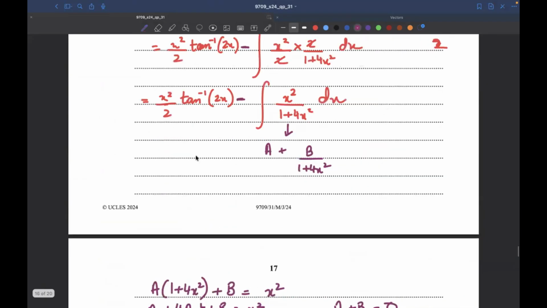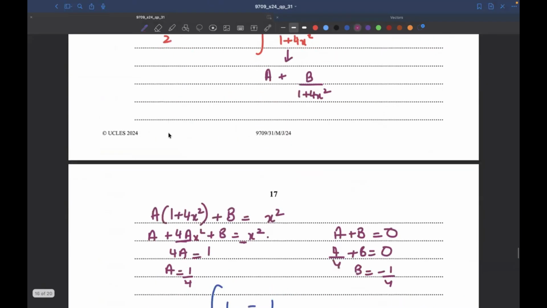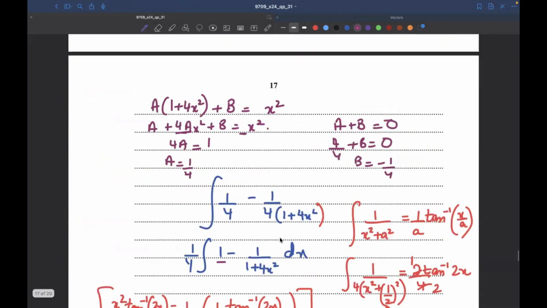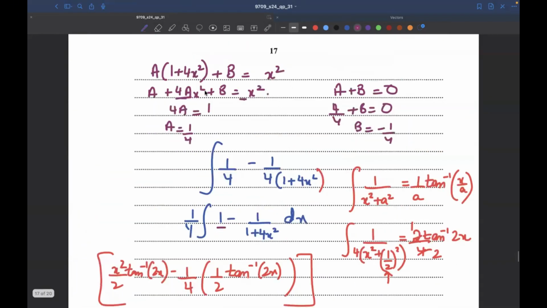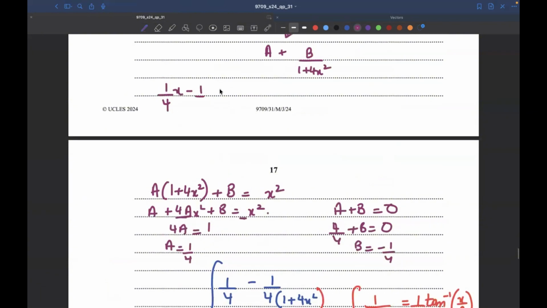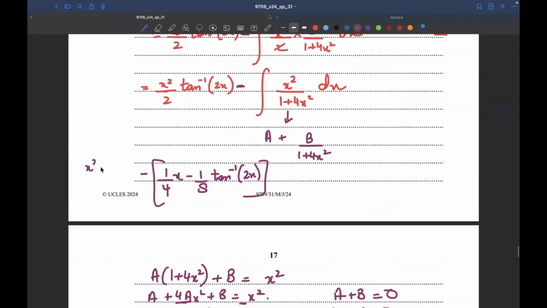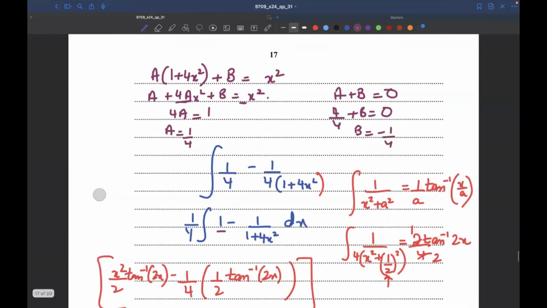So this will become 1 upon 4x minus 1 upon 8 tan inverse of 2x. So this was the integral, and there was a negative sign outside, and then we had x square upon 2 tan inverse of 2x. So this will become minus, and this should become a plus over here. So we just have to do a quick correction over here.